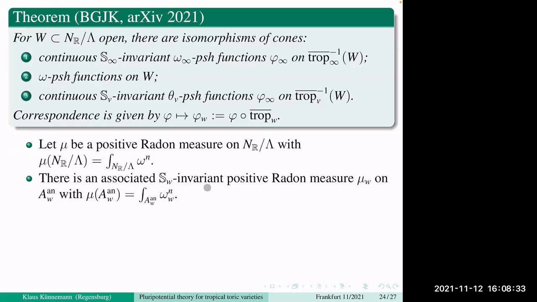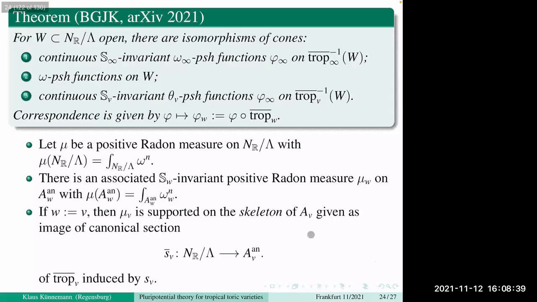Then we get associated invariant measures on the abelian variety. And in the non-Archimedean situation, this is supported again in the skeleton, and the skeleton is again the image of a canonical section of the tropicalization map.